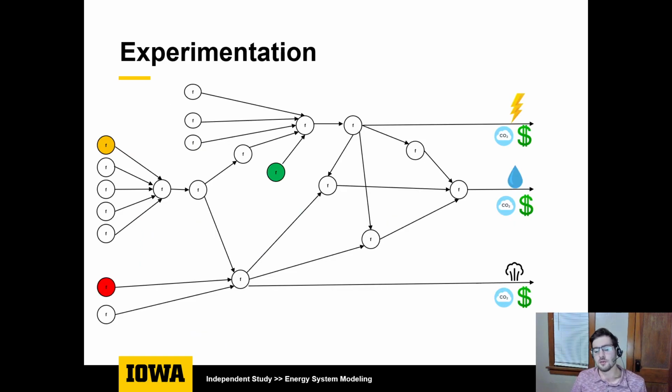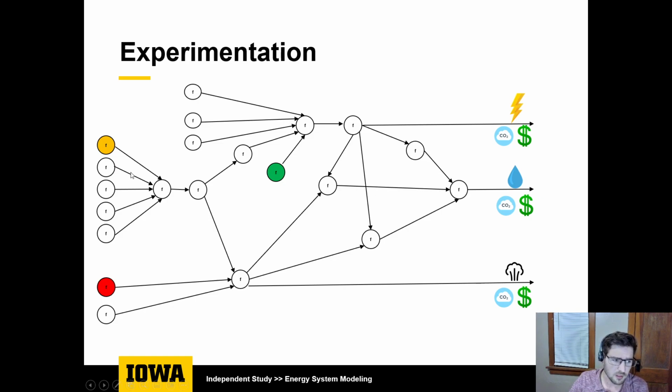Okay, so now that we have an idea of the accuracy of our system, we can run experiments with it. The great news about building this piece of software, with these models that can model your energy system, is that you can now plug and play these different nodes in the network to see how changes to the energy system impact your emissions or your fuel costs at the end of the day.